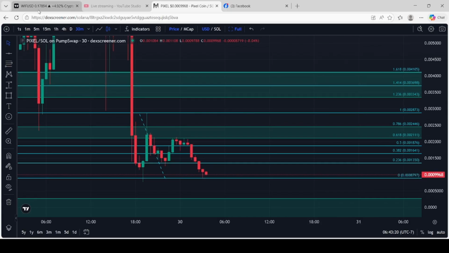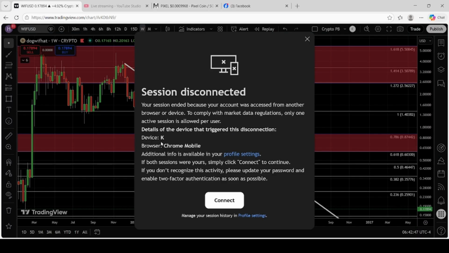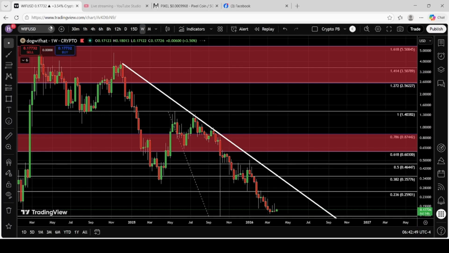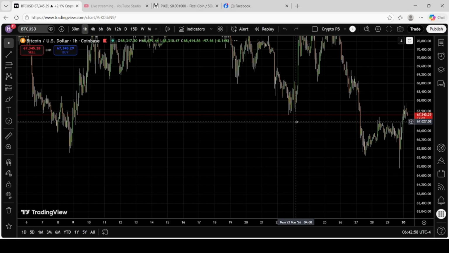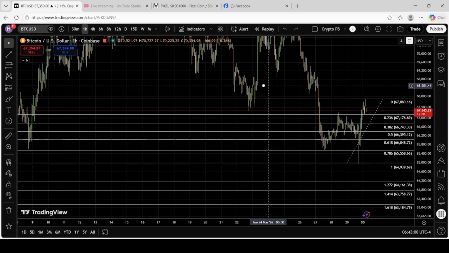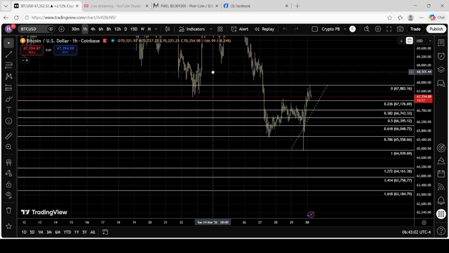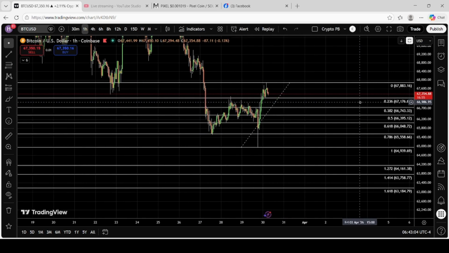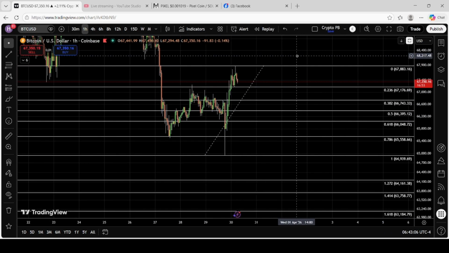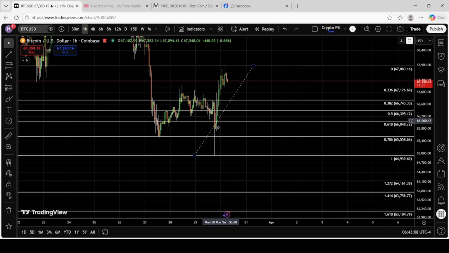So even looking at, I was looking at WIF before, but let me go and refresh this. So like looking at Bitcoin right here, level to level. This is Bitcoin's current move, and I'm tracking it up.